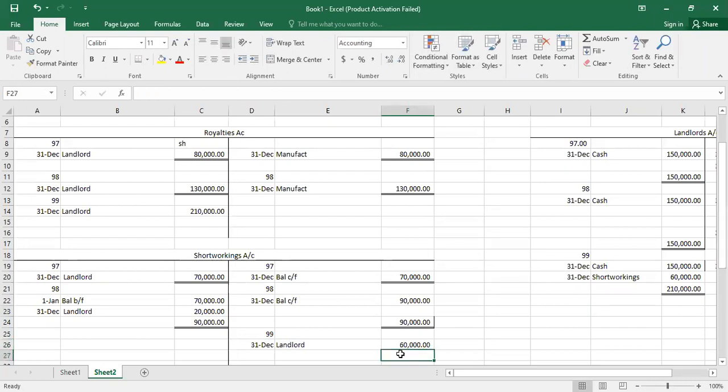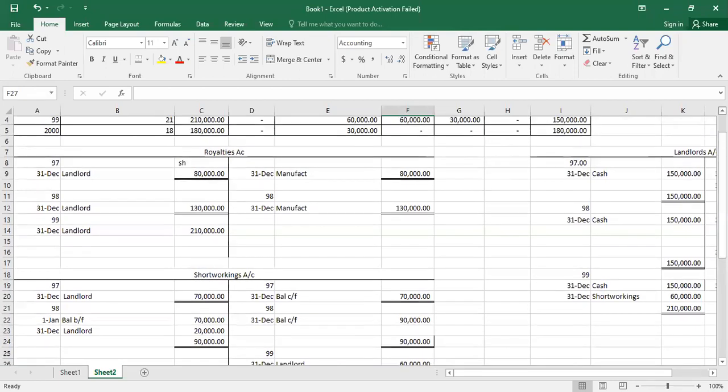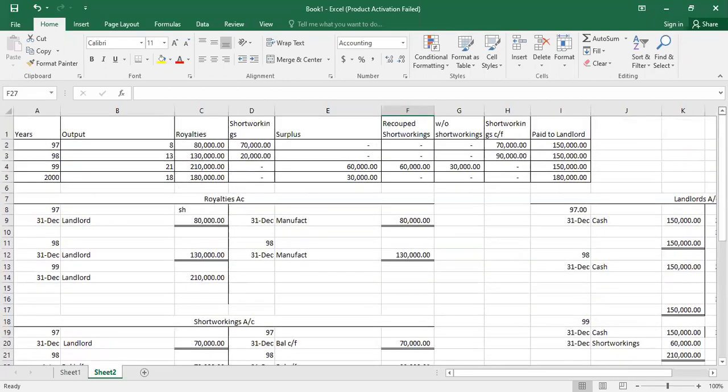Then we go back to the table. Did we have a written off? For that particular period, we have a written off, isn't it? So how are we going to treat it?